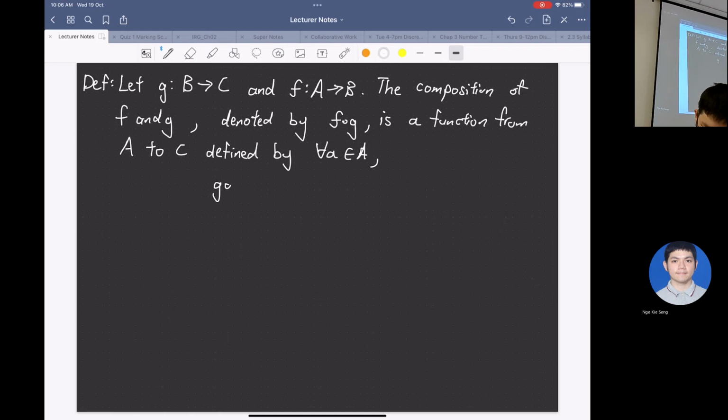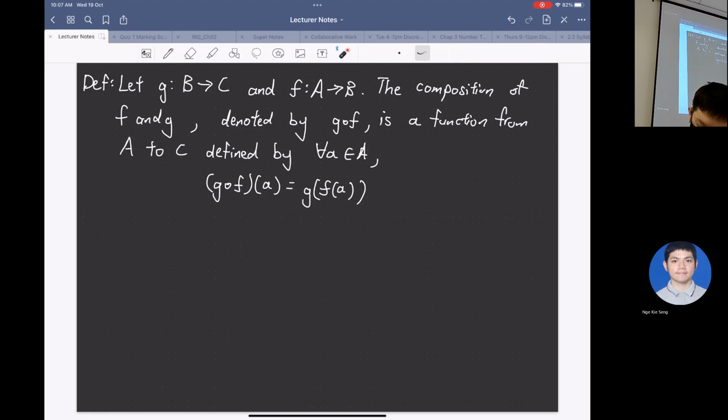So let's define GF. So we will do F on A first. F sends A to something in B, and then we can do G. Okay, this one is correct.